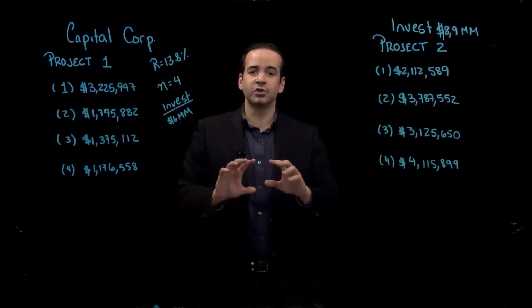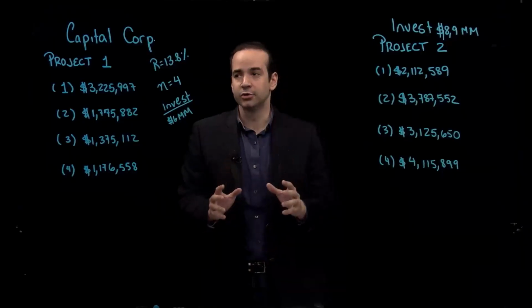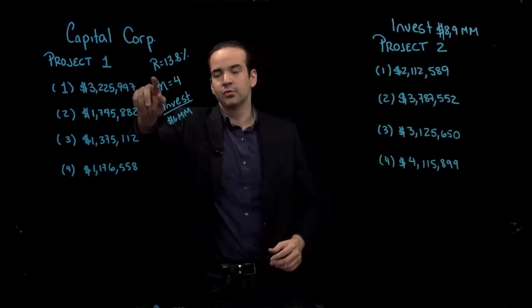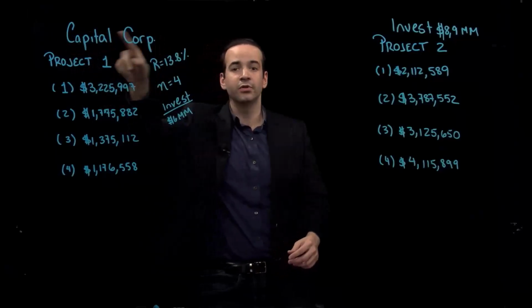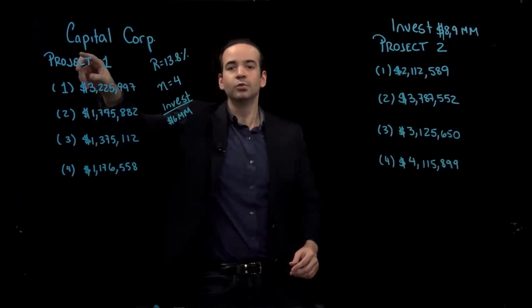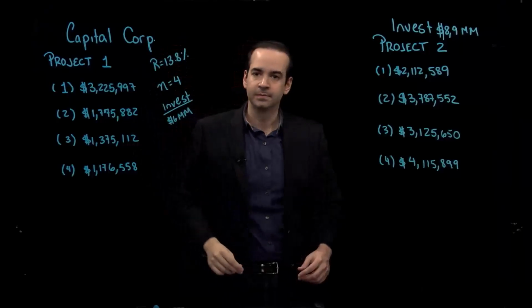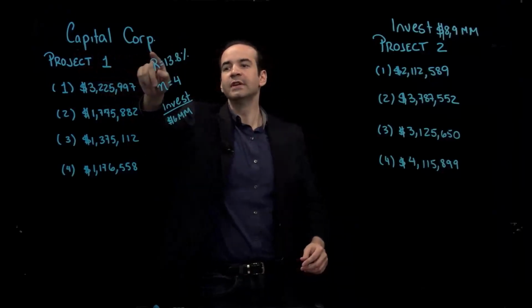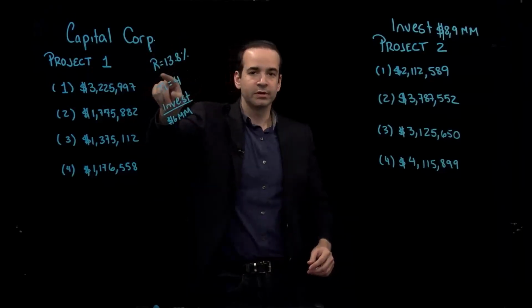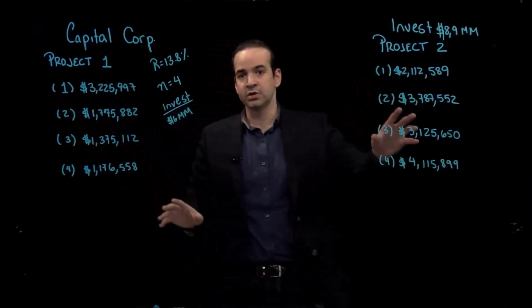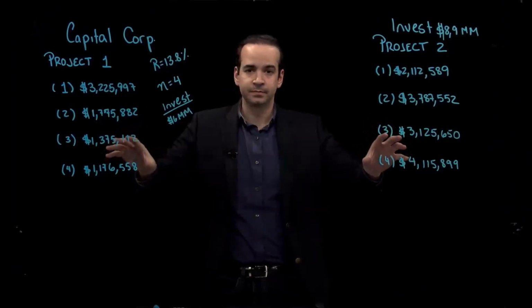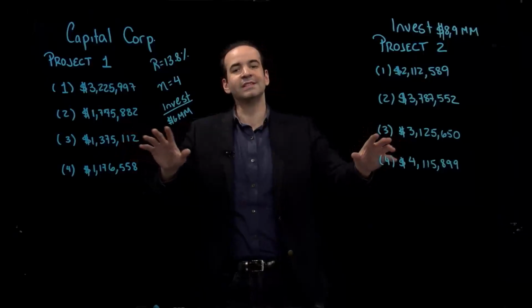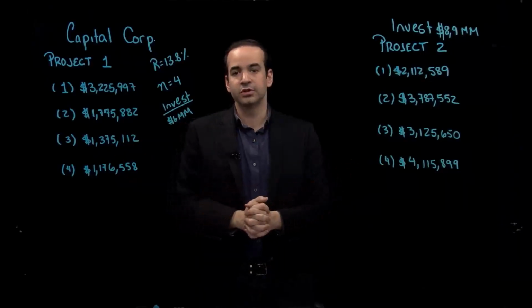Now, let's just adopt some assumptions first. So the first assumption is that because we are discussing about the same firm, which we're going to name Capital Corporation, and because we're dealing with the same company, our discount rate will be the same for both projects. So that implies that these two projects are taking place in similar contexts or similar scenarios.